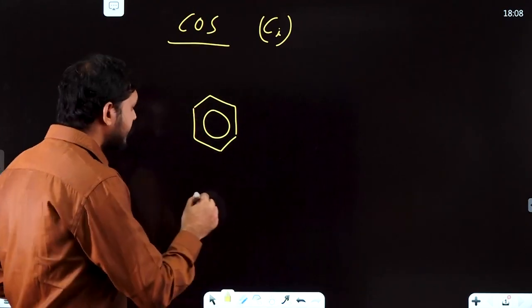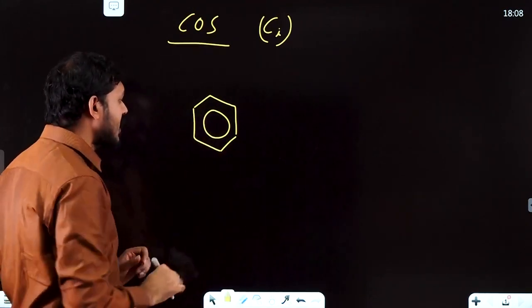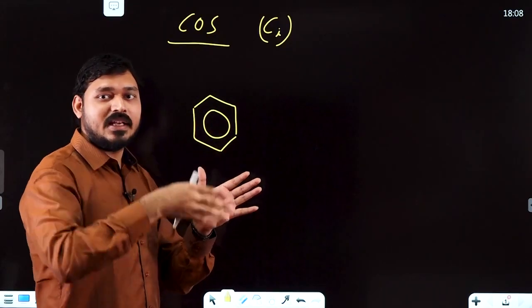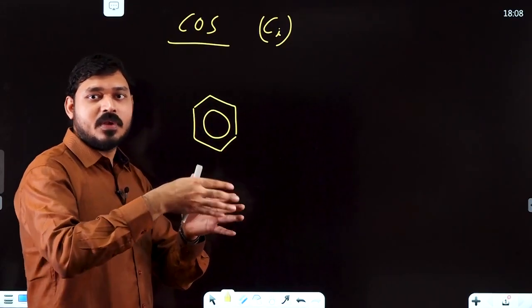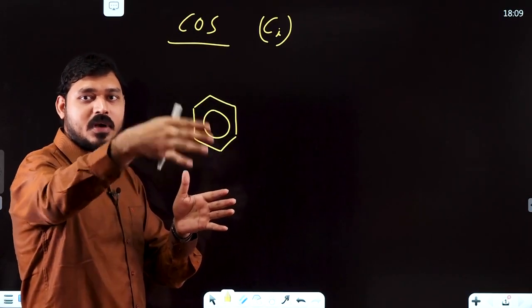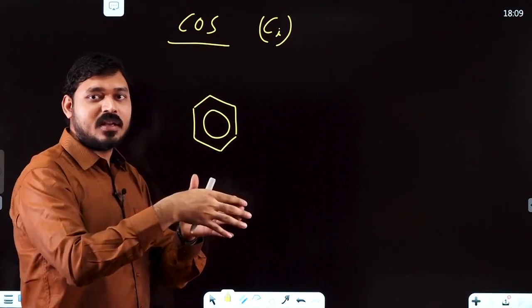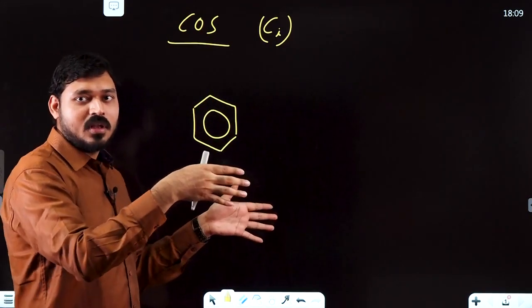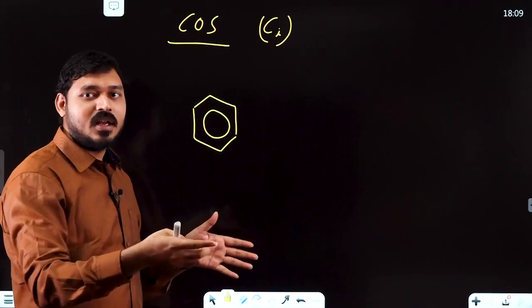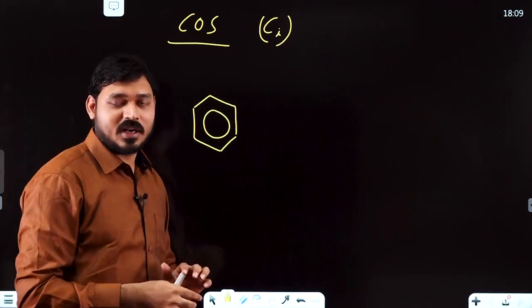Now after choosing the point, when you draw a line, if you get one atom or group in one direction at a particular distance, and if we get the same atom or group on the opposite side at the same distance, then it will have center of symmetry.